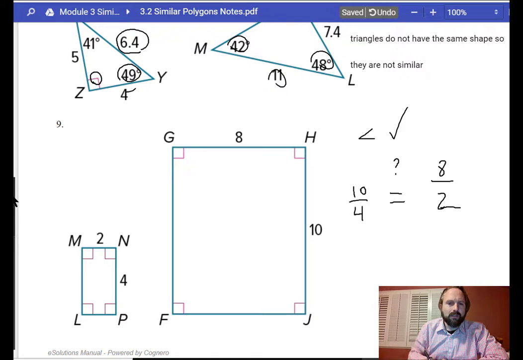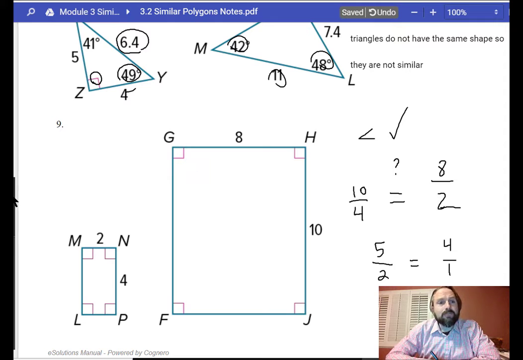Let's see, what's 10 over 4? Let's divide by 2, and divide this by 2. It looks like it's not equal, because these should be the same.